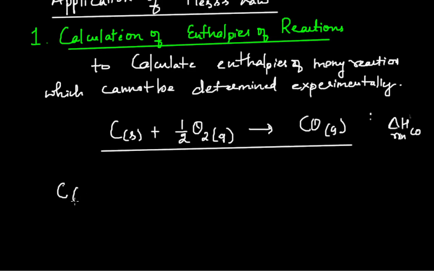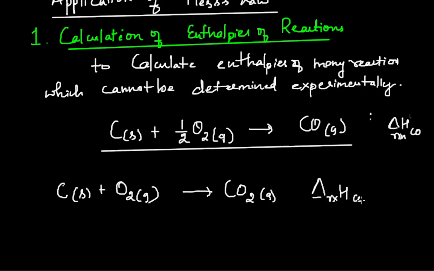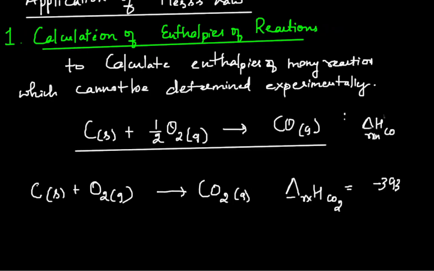Carbon, when it reacts with oxygen gas, gives carbon dioxide, and the value we know for this reaction is minus 393.5 kilojoules per mole.